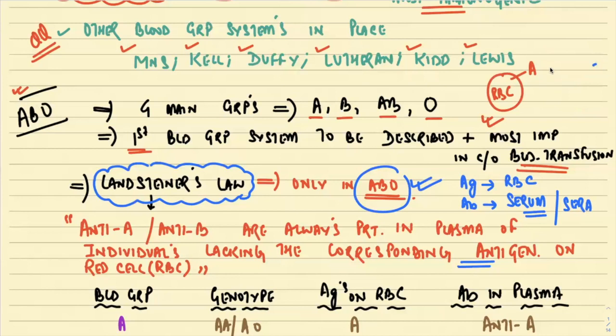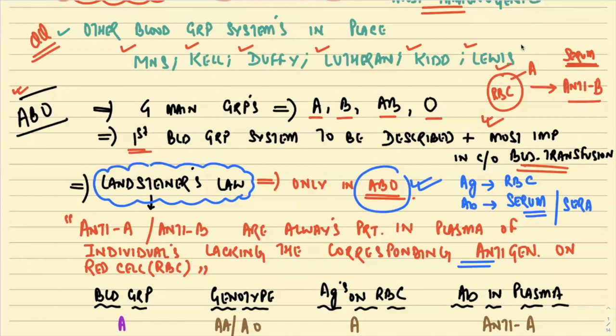It states that in the serum, only those antibodies will be present for which the corresponding antigen is absent. So according to this law, which antibody should be present in the serum in this case? The corresponding antibody should not be present. So antibody B will be present in a person whose RBC surface has the A antigen.